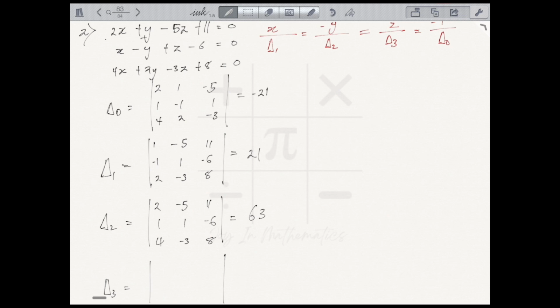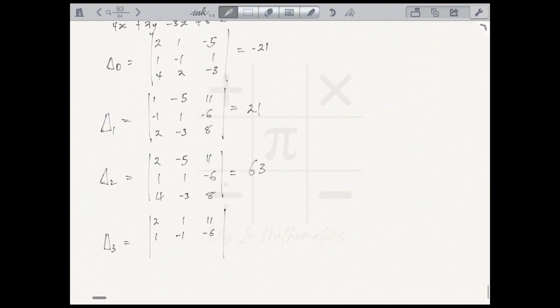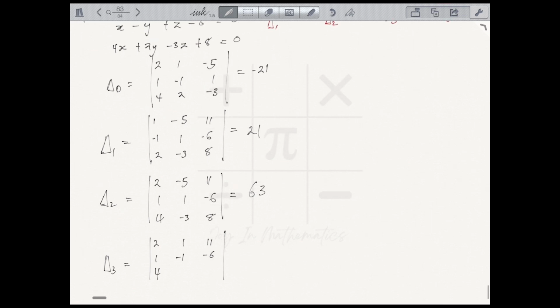So it will be 2, 1, and 11, 1, 1, and then minus 1, minus 6, and finally 4, 2, and 8. And when we perform the determinant for this operation, we have 42.